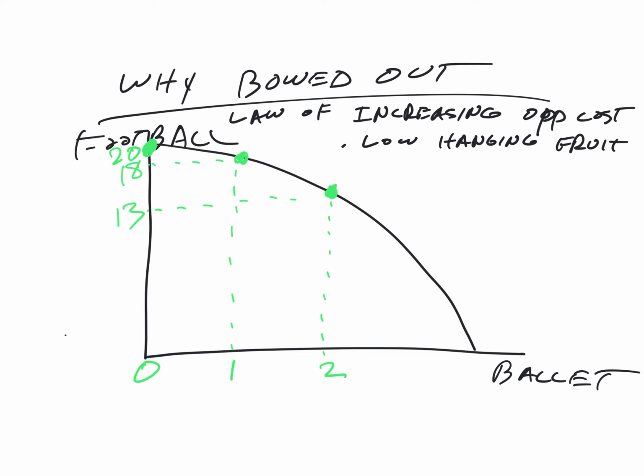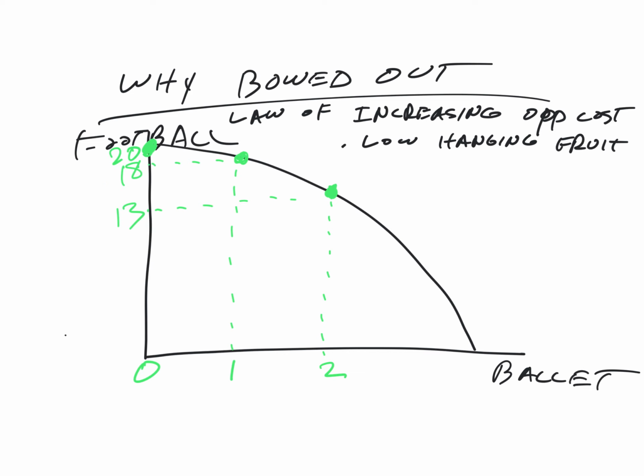We're going to have to dip into a little bit. Some of the people we transfer from football are pretty darn important to football. So it's going to cause us to give up more football because these people are pretty good at football production. They're not quite as good at ballet production. At least these guys aren't as good as these guys. Okay? That's why that second ballet costs us more than the first one.